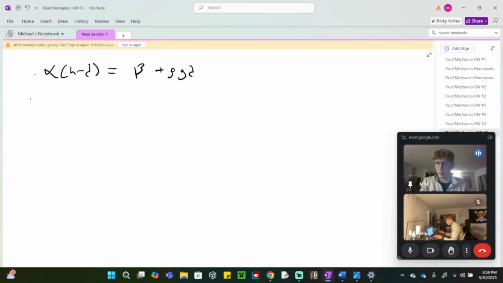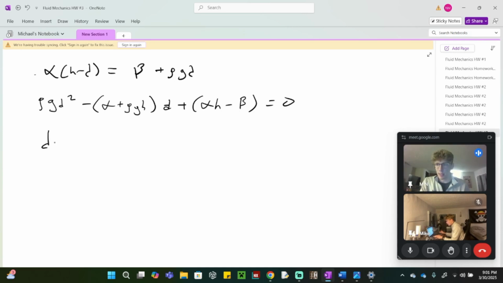So our next step: alpha (h minus d) is equal to beta plus rho gd. And then we get rho g d squared minus (alpha plus rho gH) d minus alpha h minus beta equals 0.